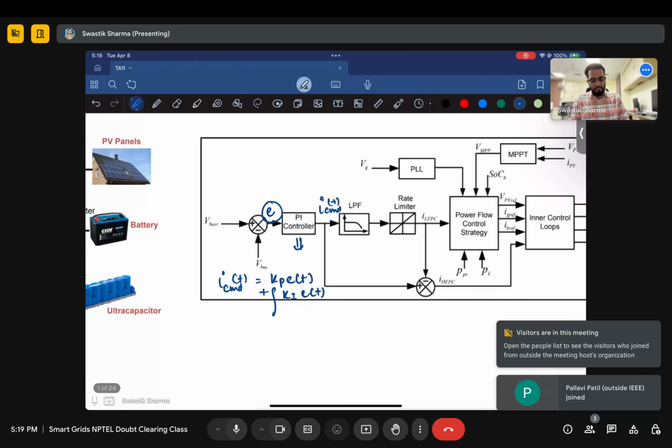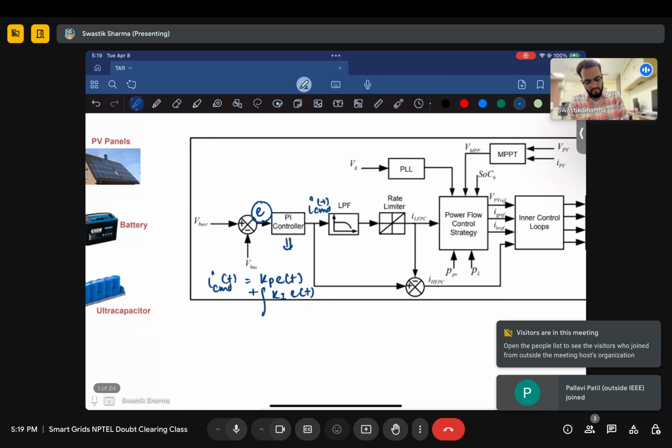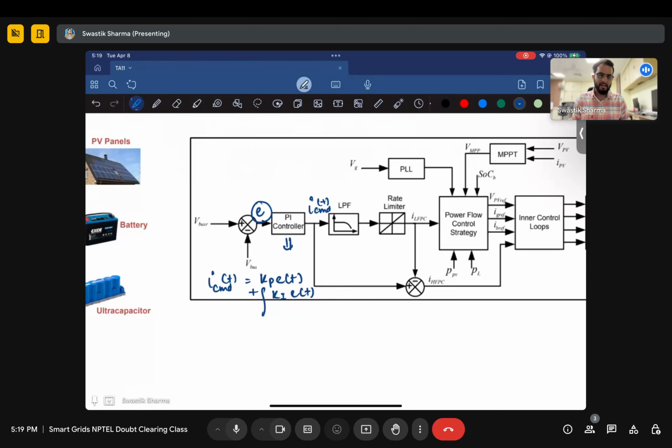Next, this high frequency attenuated command signal moves to a rate limiter. What this rate limiter does is it ensures that the output command signal of the low pass filter does not abruptly change, because if it abruptly changes, it could stress the battery or the converter, and the rate limiter ensures that.